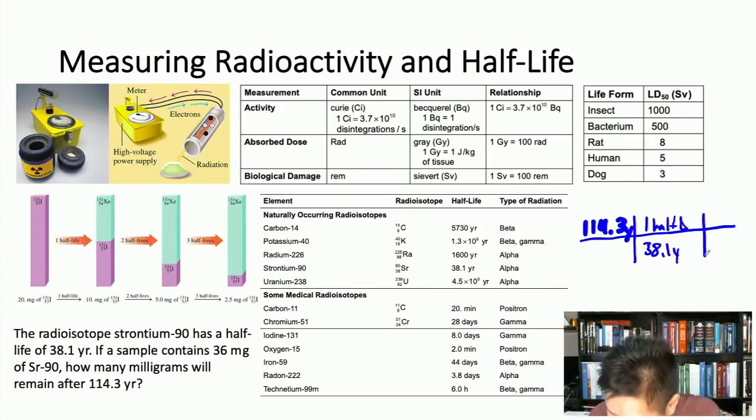So we got really lucky there because you can cancel out the years, and you're left with half-lives, right? And if you divide 114.3 by 38.1, you get an even 3 half-lives.